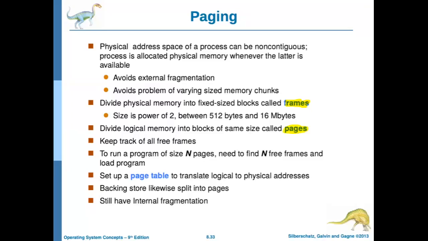Now the rest of the frames are free. A kind of linked list will be used to keep track of free frames. Whenever a process demands a frame or multiple frames, they will be taken from the free frames and allocated to that process. That is how it works.